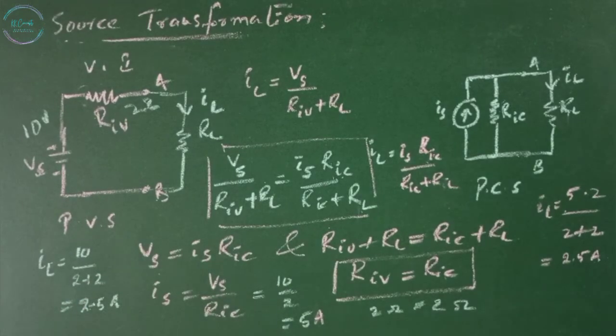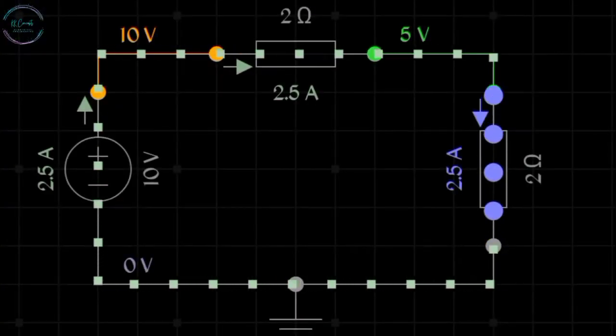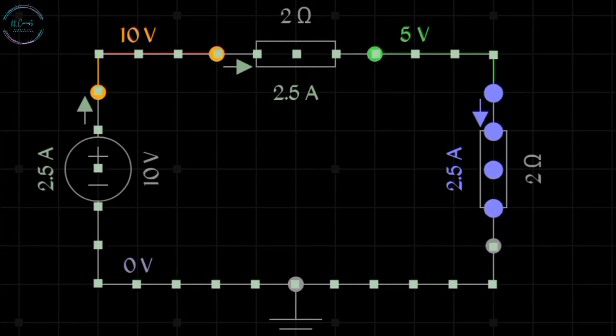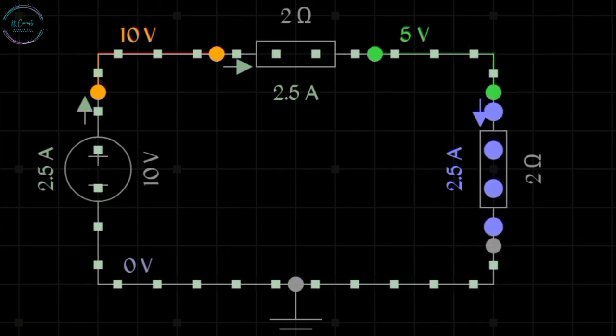So we can transfer a practical voltage source into a practical current source by taking the internal impedances of both the sources as equal. Simulation results. You can observe that 10 volts of supply is given, load voltage is 5 volts, and the current flowing through the circuit is 2.5 amps through the load resistance of 2 ohms.